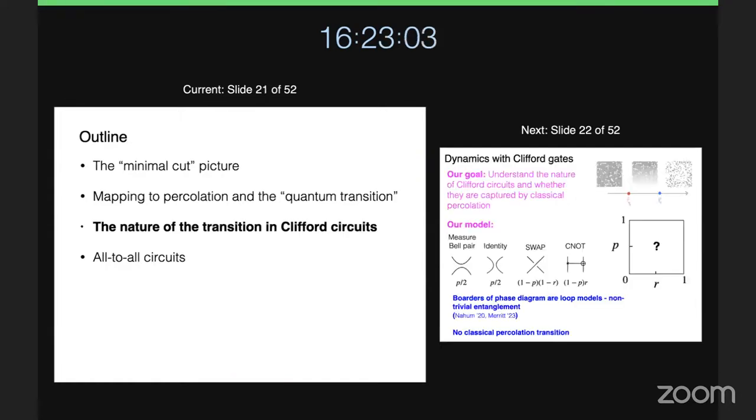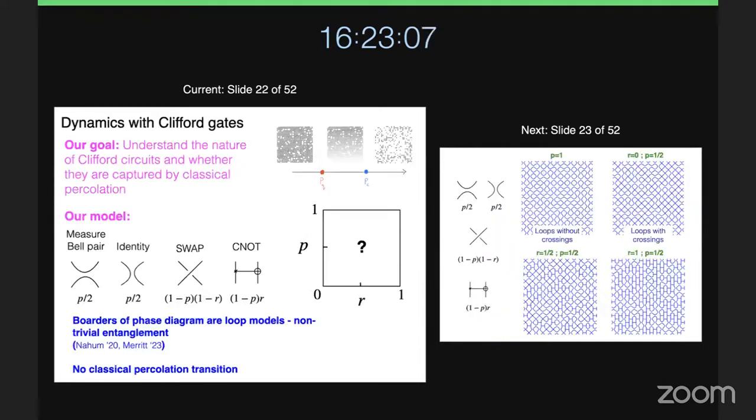So this brings me to the main point of this presentation, which is looking at Clifford circuits. So our goal is to understand, these Clifford circuits are extremely simple, and I was always suspicious that they can be, or they're described by a classical field theory or a classical picture, and we want to put this to the test.